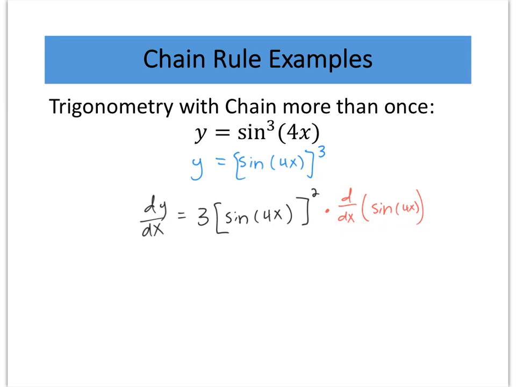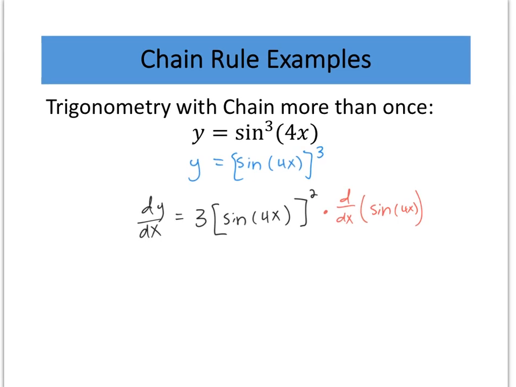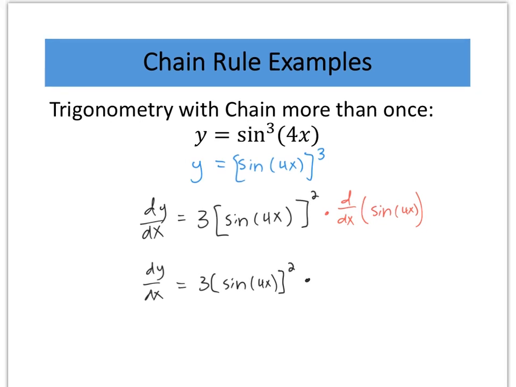So I'm going to just copy everything down so far. So dy dx, this is all the same: 3 sine of 4x squared, times, now I'm going to do the derivative here.